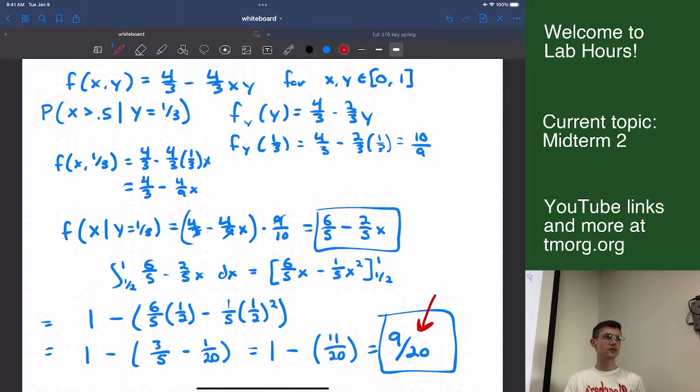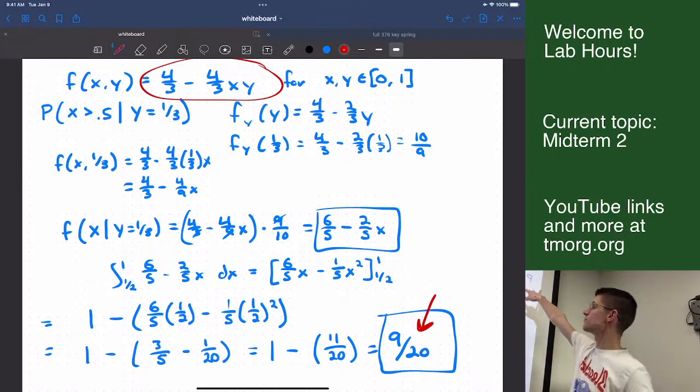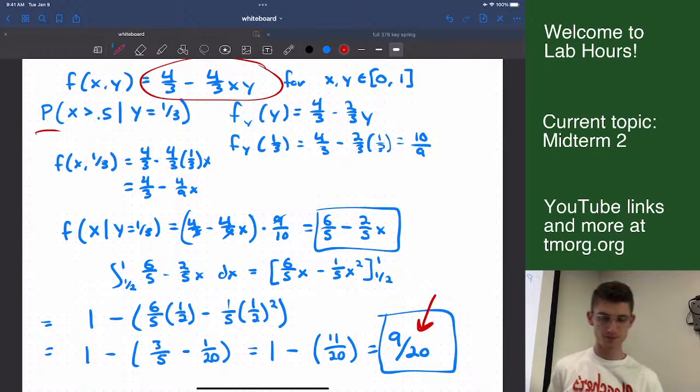So it's more likely that I haven't quite hit half of the warehouse sold yet, because I know I've only sold 1/3 of Y, and just based on what I've seen and how the probabilities look, just based on what I've seen over being a business owner, this is what I know is true, right? I have a 9 out of 20 chance of already having sold over half of my X's if you tell me I've already sold 1/3 of my Y's. That's maybe just a practical interpretation of this P right here.